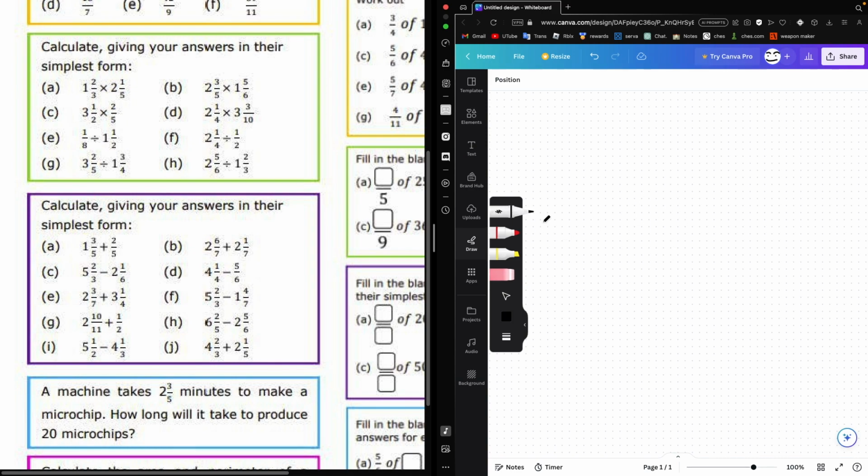Last one of the box. 4 and 2 over 3 plus 2 and 1 over 5 equals, make this the same first again, 4, 10 over 15, plus 2, 3 over 15, same denominator, which also equals 6, 13 over 15.